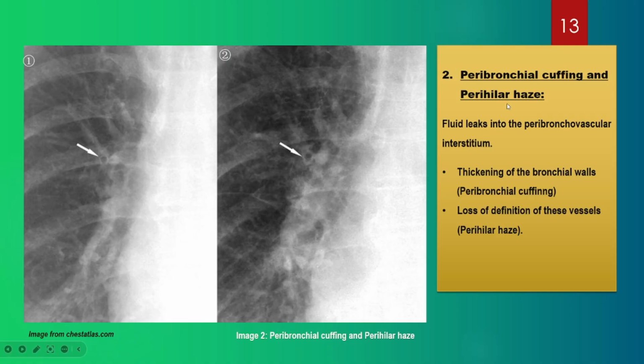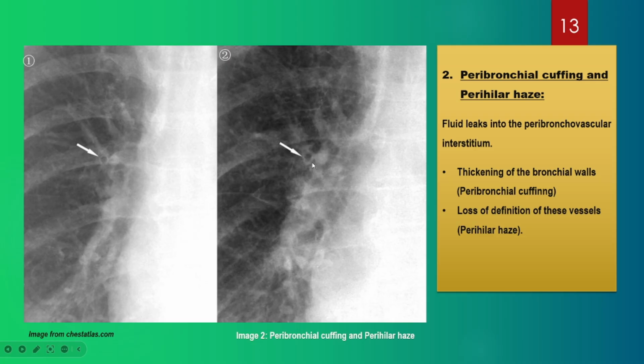Then the peribronchial cuffing and perihilar haze. Fluid leaks into the peribronchovascular interstitium and there will be thickening around the bronchi. This is called peribronchial cuffing. And because of fluid leakage, the normal sharp demarcation of the vessels is not seen in congestive cardiac failure.